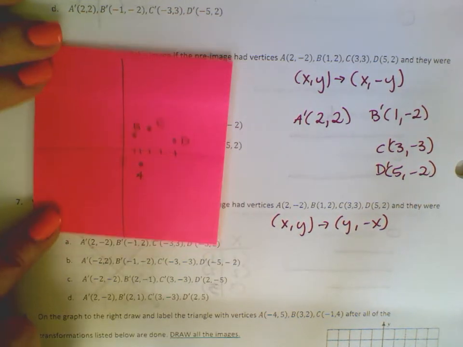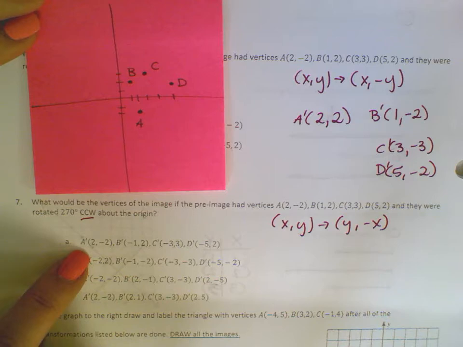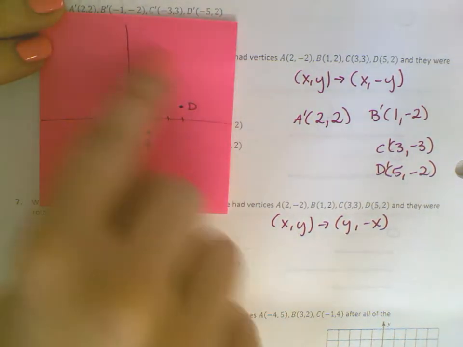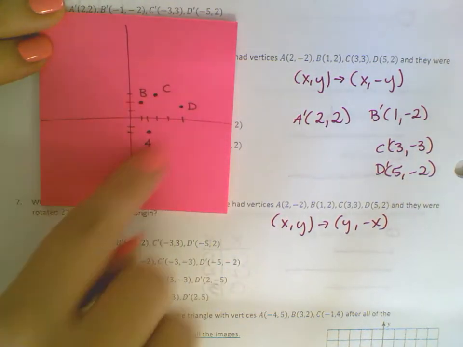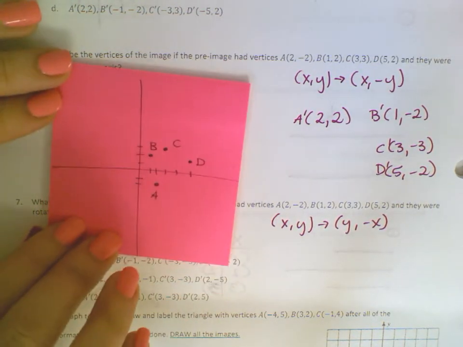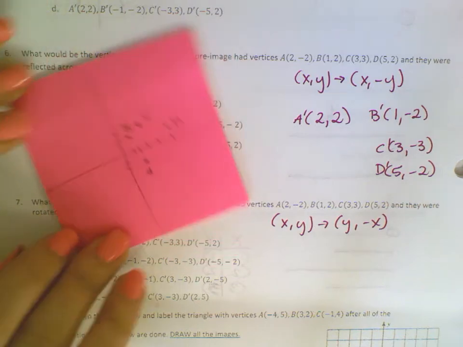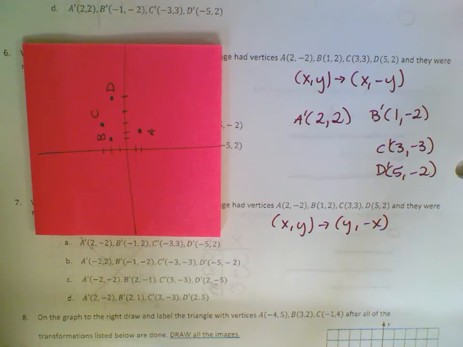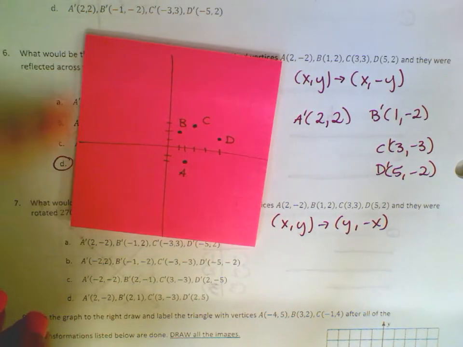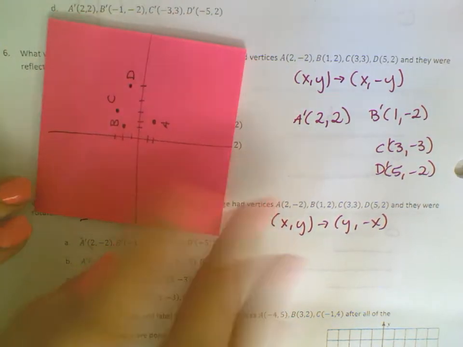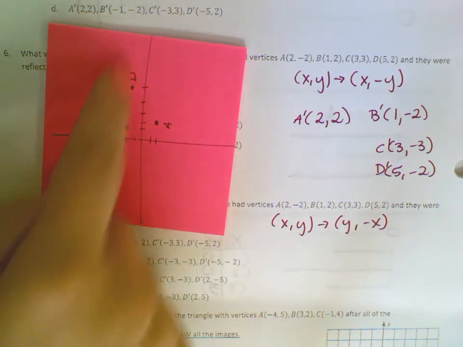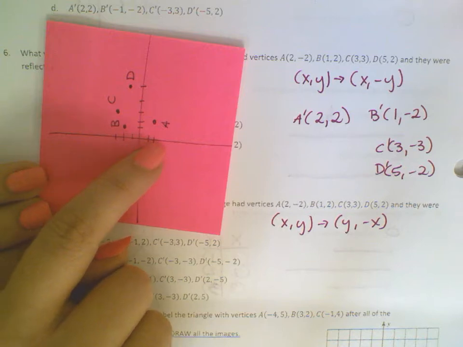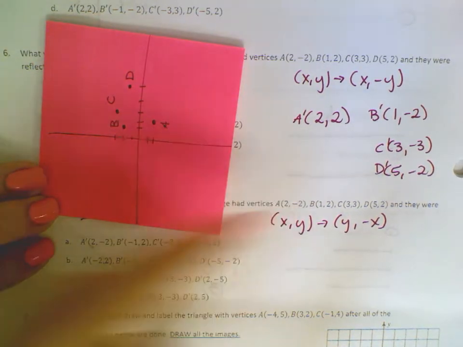If I go 270 degrees counterclockwise, that means I will need to rotate to the left, because clockwise goes to the right, counterclockwise goes to the left. So this was my original. If I turn my paper one turn to the left to where my side becomes now my new bottom, this is going to be my new x-axis, this will be my new y-axis, where A is going to be at 2, 2 instead of 2, -2.